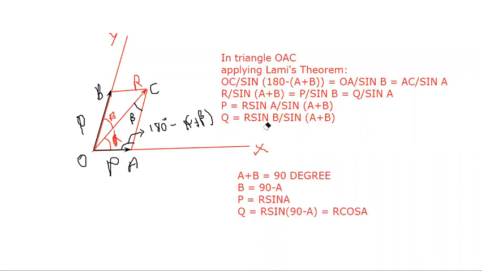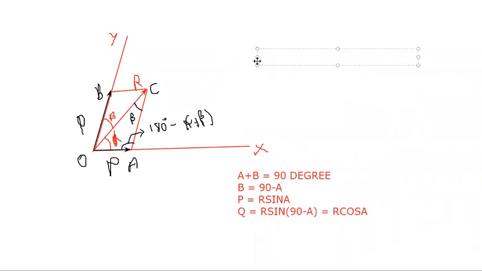P should be R sin beta and Q should be R sin alpha. My mistake, please correct it. P should be R sin beta by sin alpha plus beta. Whenever I make a mistake, please remind me. Otherwise, this mistake will remain mistakes only.